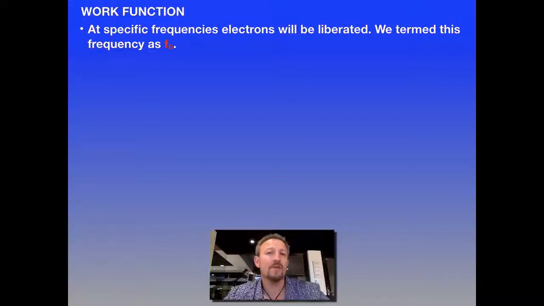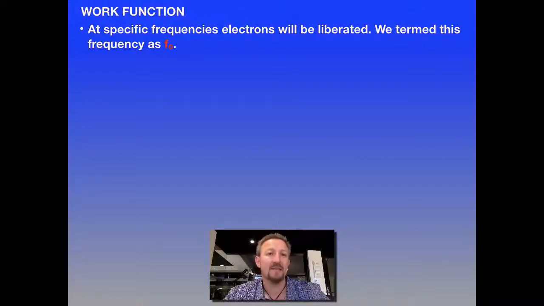So let's look at some of the calculations we can use with this. Well, first off, we're going to look at our work function. Now, work function is basically the amount of energy that's required to emit the electron from the atom. It's the total amount of energy to allow it to break free from the hold of the nucleus. And this will happen at a specific frequency per specific element or metal.